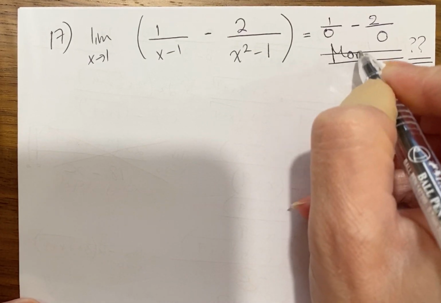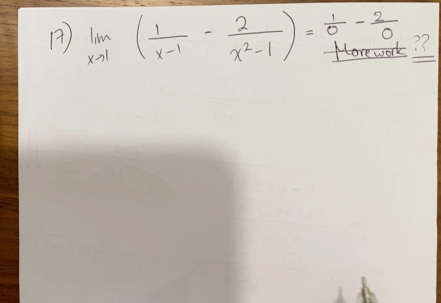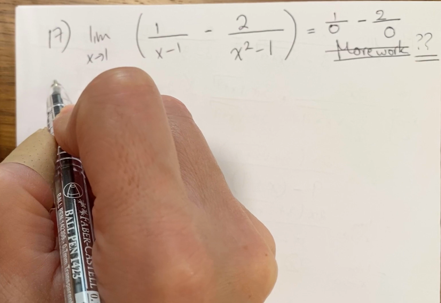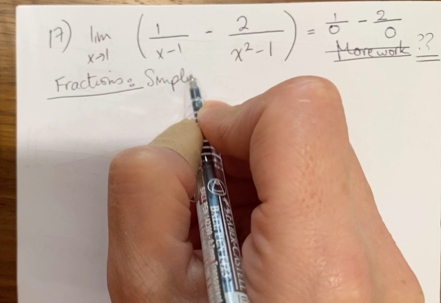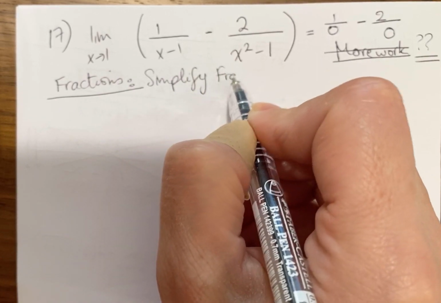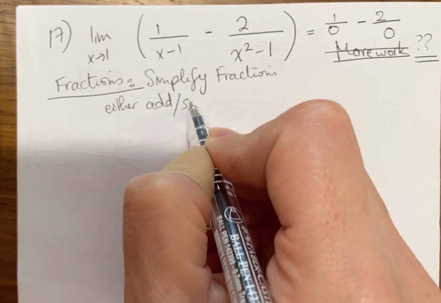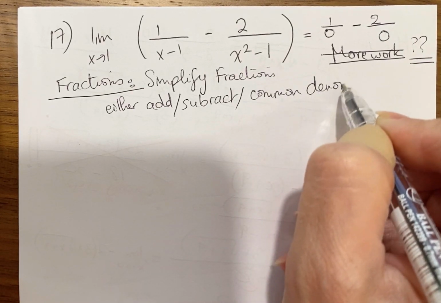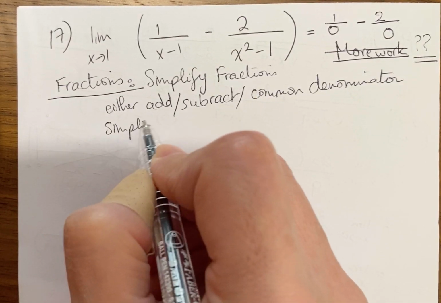What do I need to do? More work. I want to figure out what kind of more work I have to apply here. There is one kind of more work that fits here. It's when we have fractions. You go ahead and simplify those fractions. Either add fractions, subtract them, take a common denominator, simplify nested fractions.